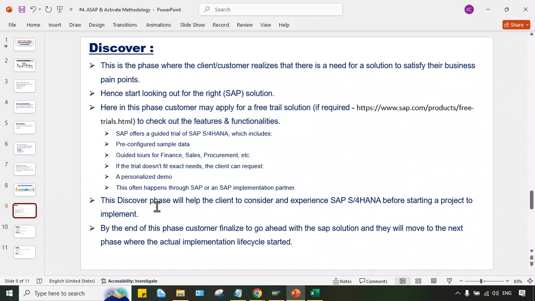You can find certain news that a company has switched from a particular ERP to SAP, right? But there are very few examples where somebody has switched from SAP to non-SAP.